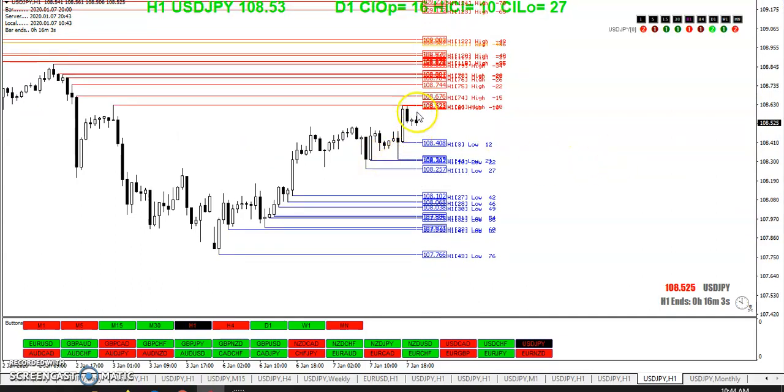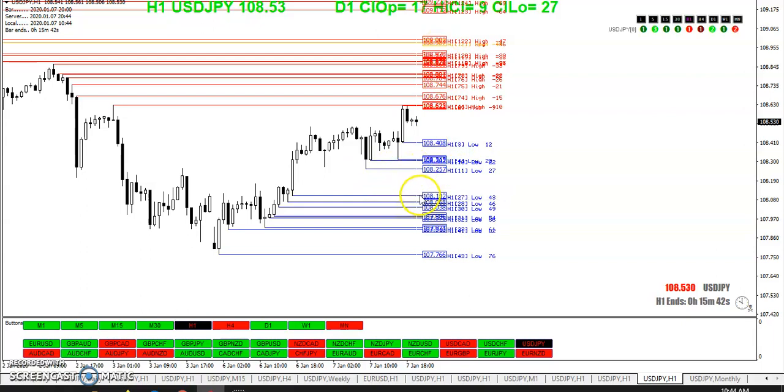So right here, if you were short and it broke through here, you might look to target profit in this area. Or if you were waiting to enter a trade, you might wait for the price to get here and look for a reversal. If it hits right here, of course, at any time it could go either way.